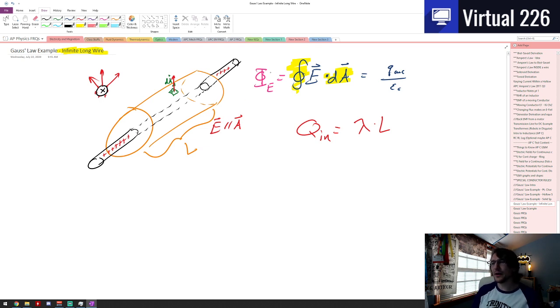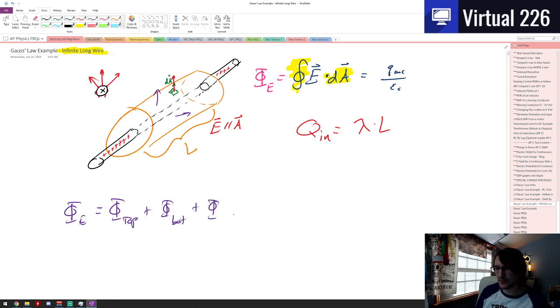Now, when we think about our flux, I have some flux coming out of the cylinder in all directions, but that's not the only surface I have. I technically also have the bottom and top of this shape. So the total flux will be the flux going through the top plus the flux going through the bottom plus the flux going through the side.